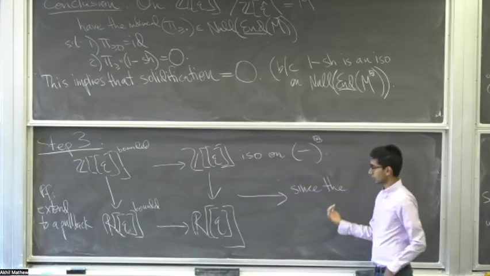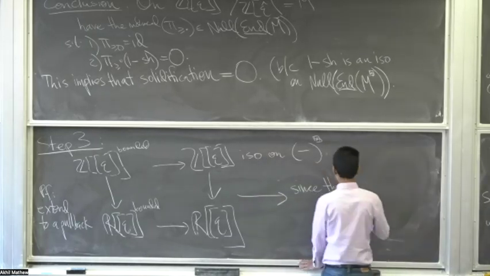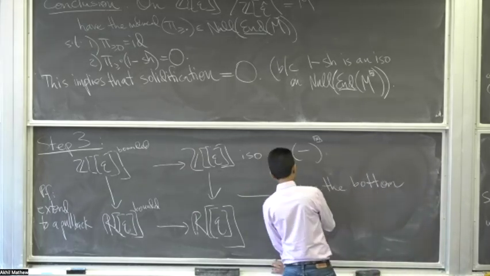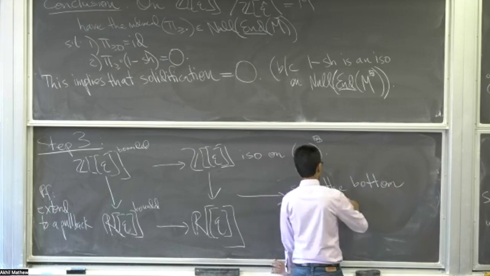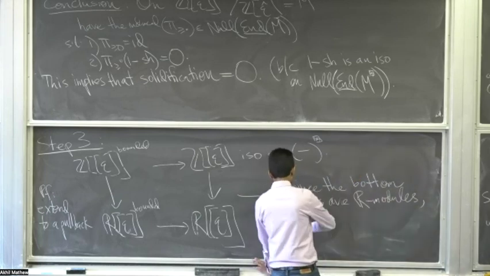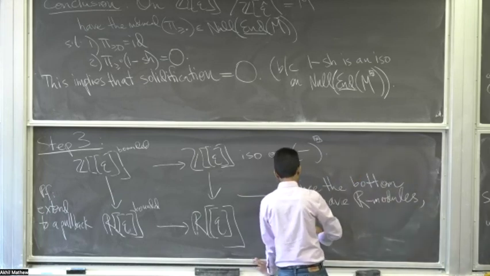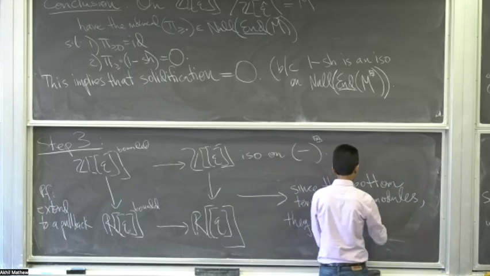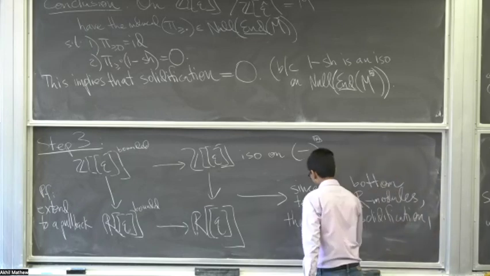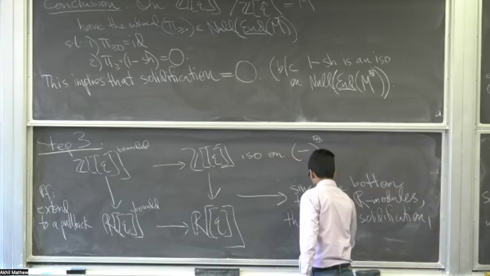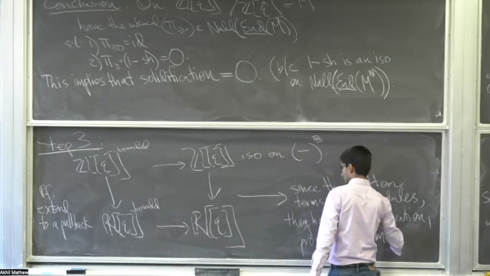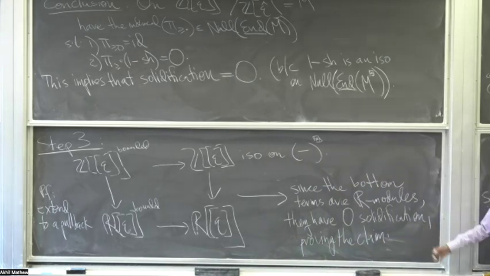Since solidification is an exact functor and it annihilates all R-modules, the terms in the bottom are R-modules. They're annihilated, they have zero solidification, which proves this one.